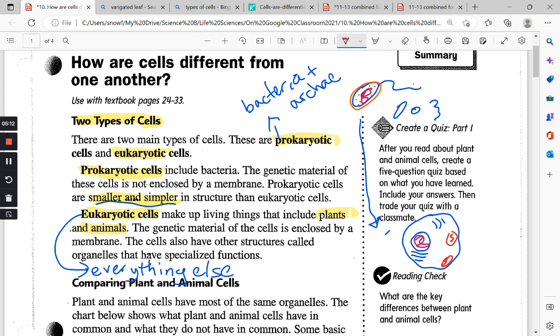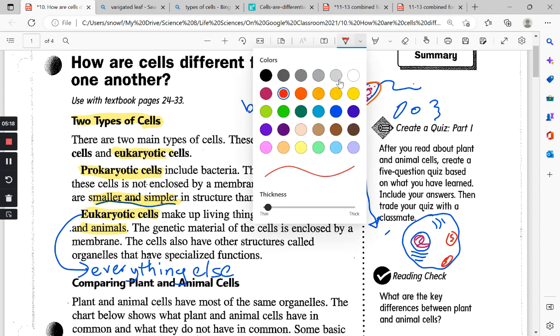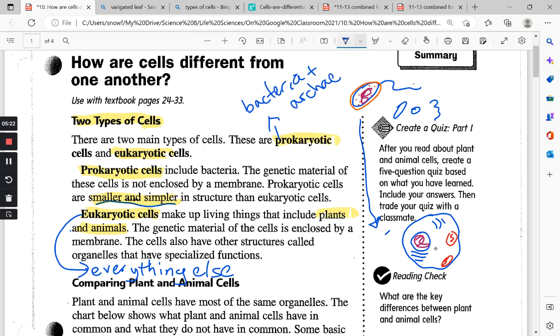Some people think that they may have come from bacteria that were once free-living and somehow ended up stuck inside of a cell. You're going to see other sorts of things like little tiny containers called vesicles, just to hold stuff. So there's many things inside of one of these cells. That's a lot more complicated than your prokaryotic cell, which we just drew. That was a lot easier to draw.